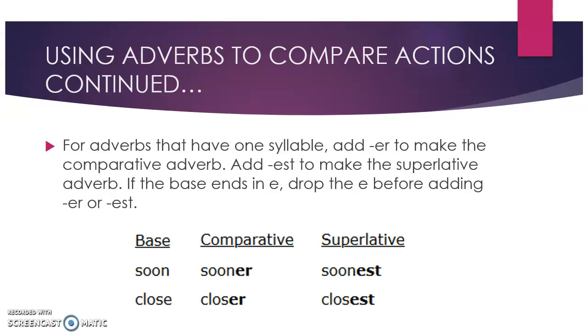So I wouldn't write it with a double E. It wouldn't be spelled CLOSEER. It'd be spelled CLOSER. Same E, I just added an R. For closest, it wouldn't be spelled CLOSEEST. It'll just be CLOSEST. Leave the E, add ST.